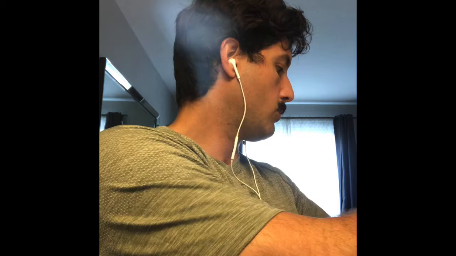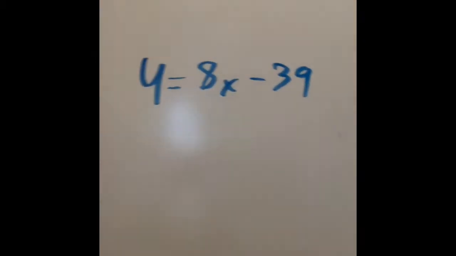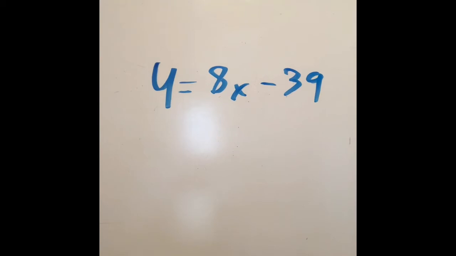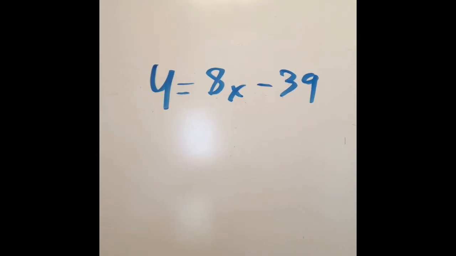So my new equation is y equals 8x minus 39. It's the equation of the line that has the same slope as y equals 8x minus 3, and it passes through the point 3, negative 15. So there's my first example.